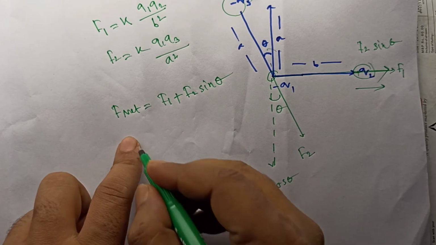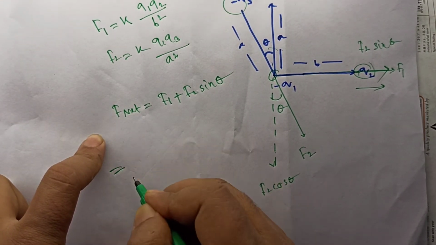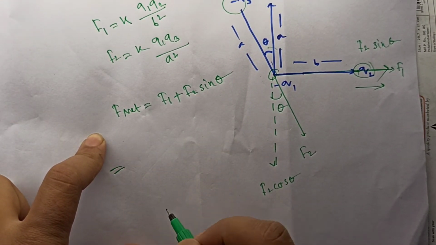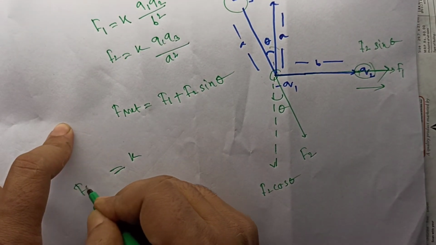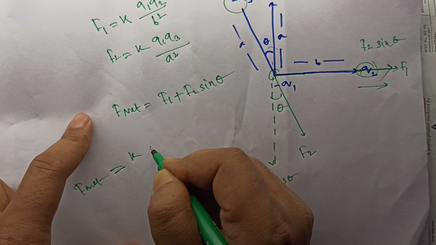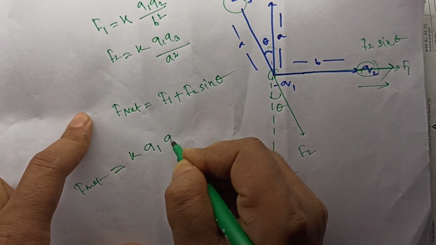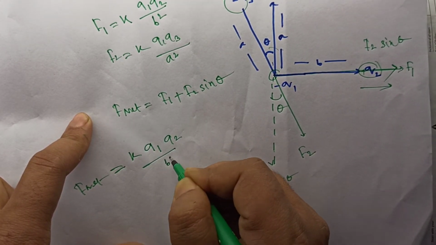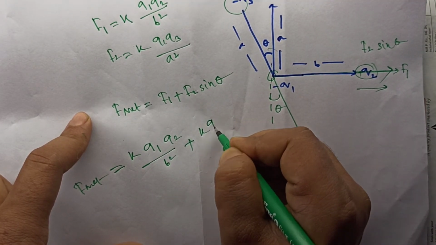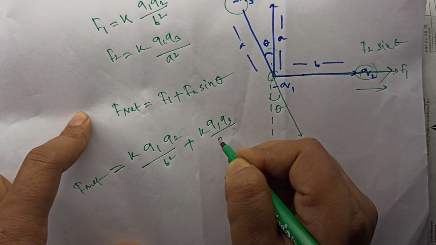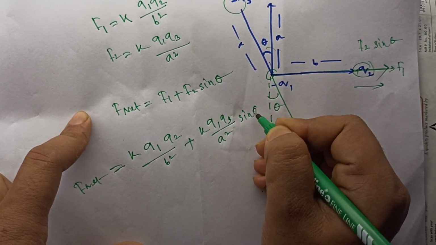Clear? So we have to write the value. F1 is K into Q1 Q2 by B square, and F2 is K into Q1 Q3 by A square with sin theta.